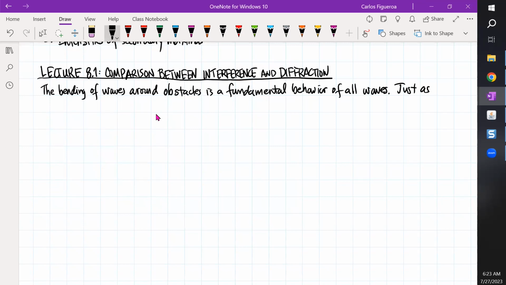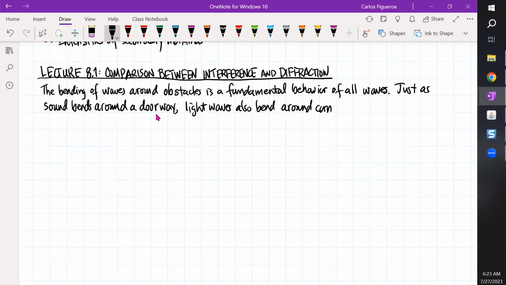Just as sound bends around a doorway, light waves also bend around corners too.